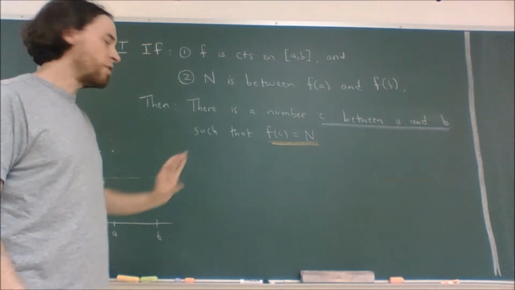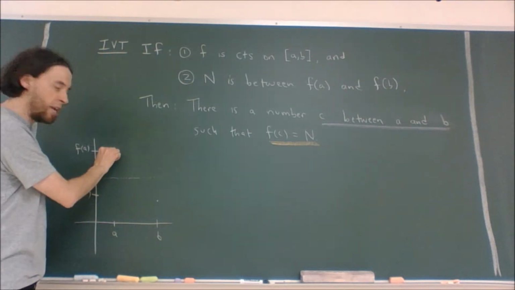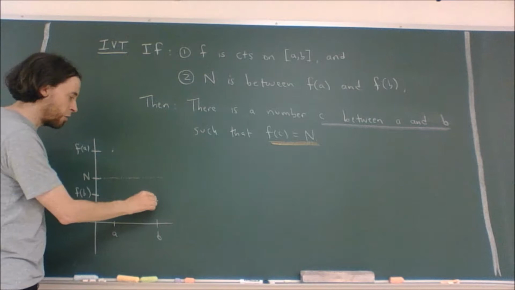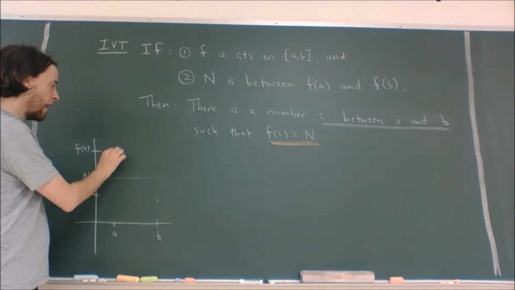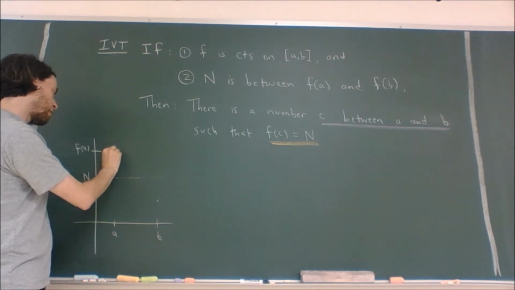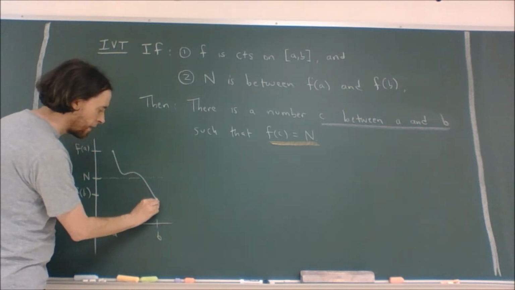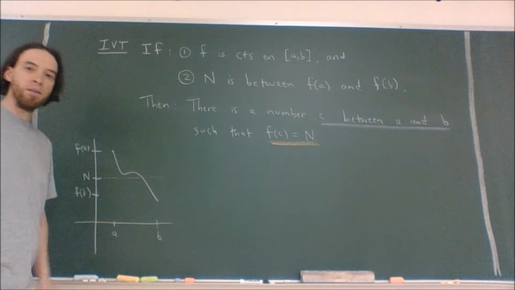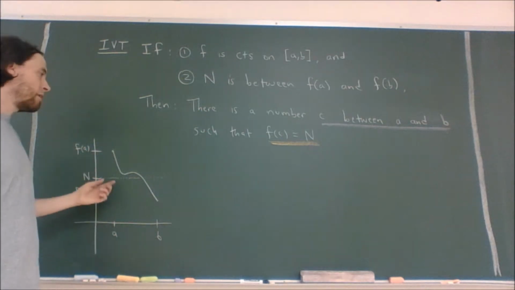And then the conclusion says very simply that when we draw this continuous function that connects its starting point here with its ending point here, because it's continuous, we cannot have any jumps or holes or breaks or anything. And so somewhere we have to cross this line that's between f of a and f of b. That's what the conclusion says, that somewhere we've got to cross that line.